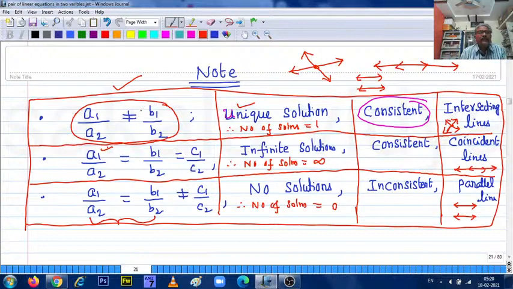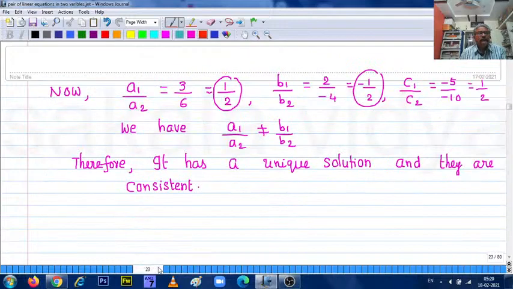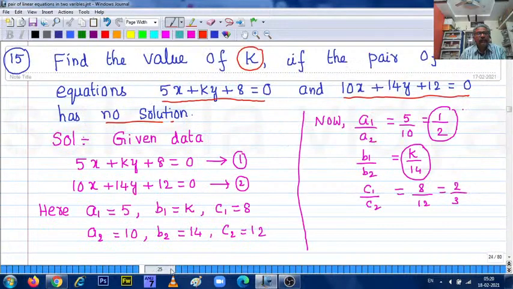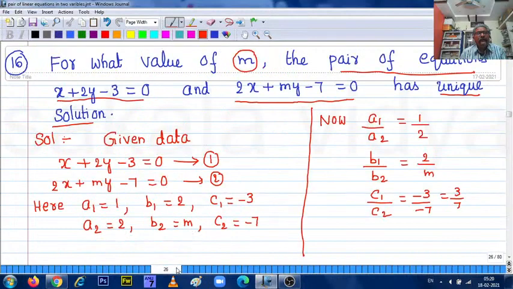So now let us make use of this condition.